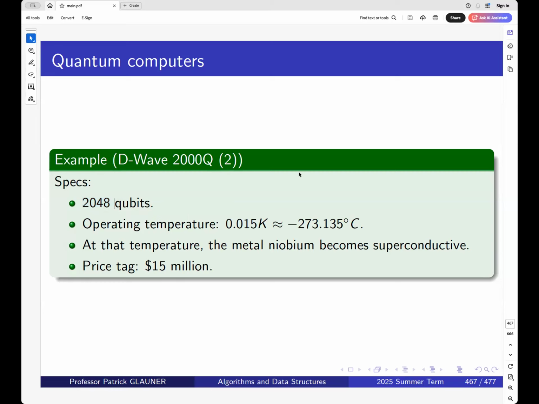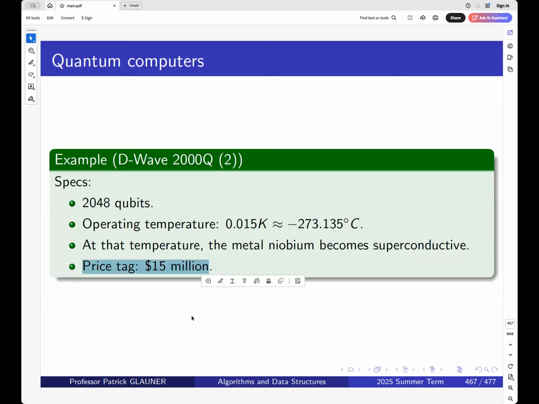And the actual chip for the computations is made of a metal called niobium. And if you cool niobium down to 15 millikelvin, so 0.015 Kelvin, which is close to absolute zero, so something like minus 273 and something Celsius, then niobium becomes superconductive and allows you to run quantum mechanical effects.